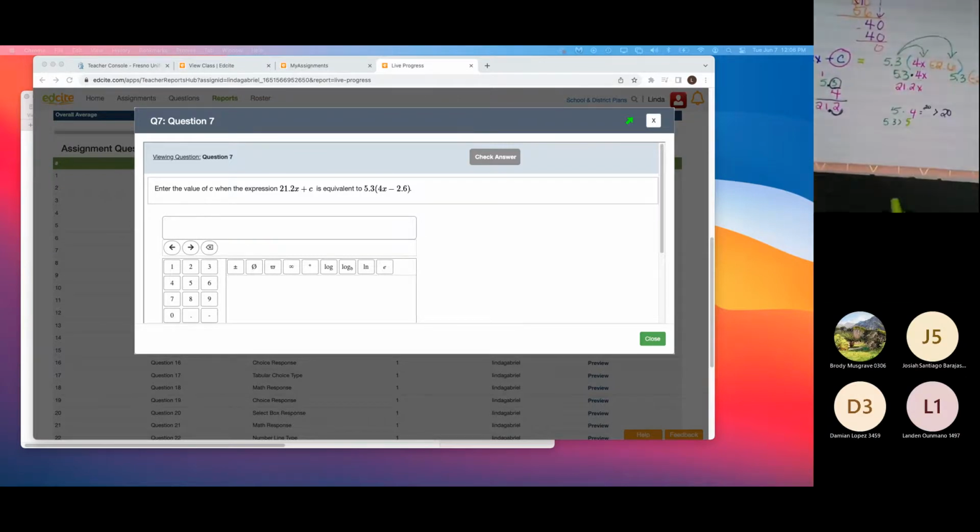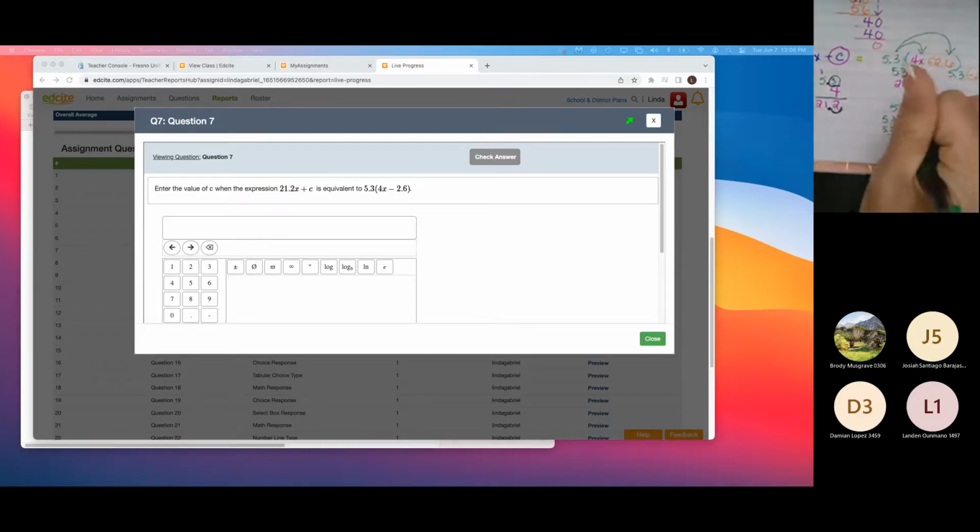And I know that 5.3 is less than 6. 5 times 6 is 30. So I knew that my answer has to be less than 30, but greater than 20.